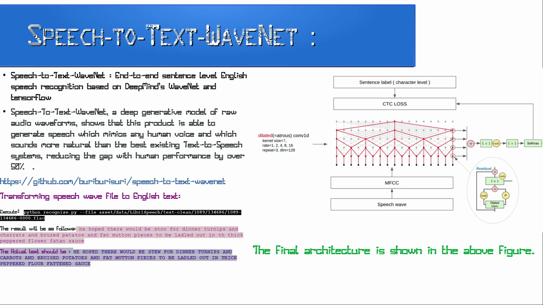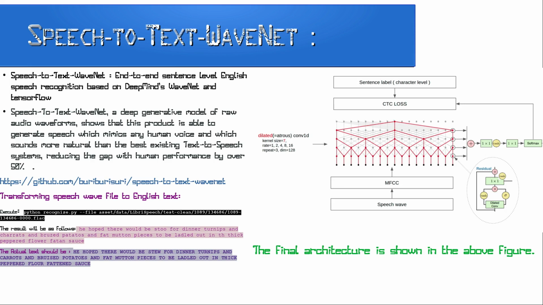The command for transforming a speech wave file to English text is python recognize.py followed by the path to the file. For example, try the following command: python recognize.py with the path to the file. The result will be as follows.